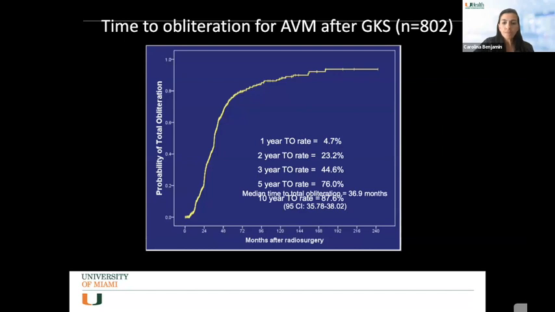The median time to total obliteration is about 36 months. This is important, right? In the ARUBA study it was 2.75 years. It's important to know that this is going to take time, because it has to have a radiobiological effect on the vessel wall before we can see changes in the dynamic flow.